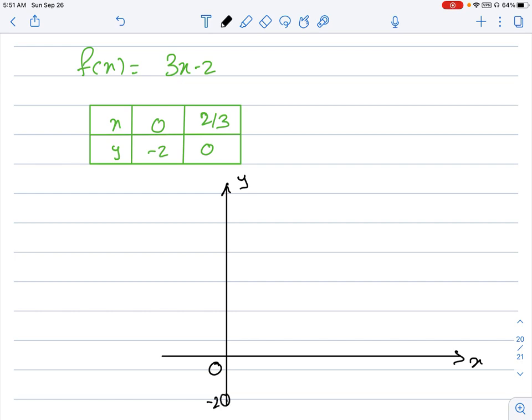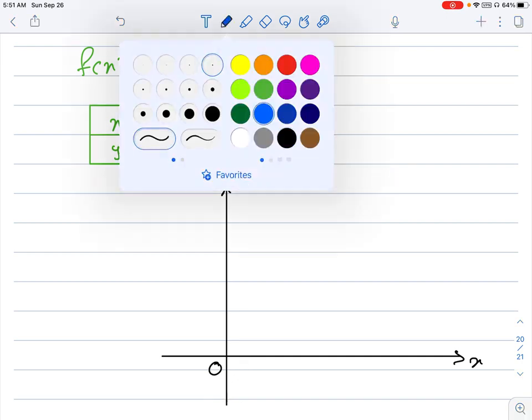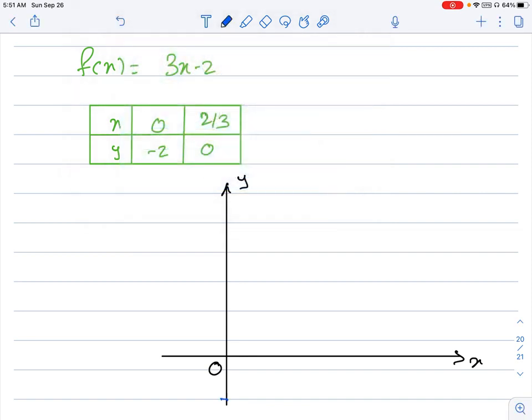And if y is 0, x is 2 upon 3, maybe over here. So I use a different color so that it is easy to identify. For f of x I use a blue color, so negative 2, that's a point, and 2 upon 3, that may be a point. So I want a straight line passing through these two ones. So this is f of x.